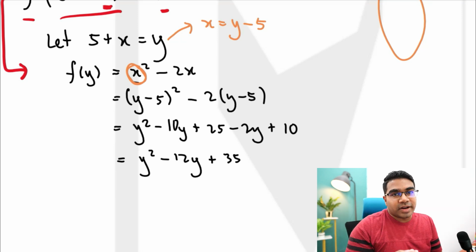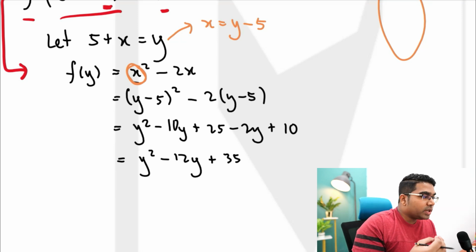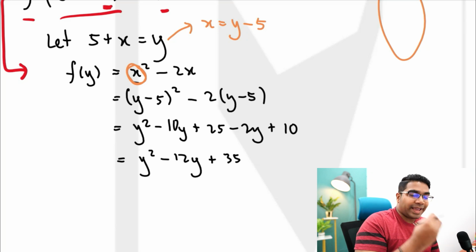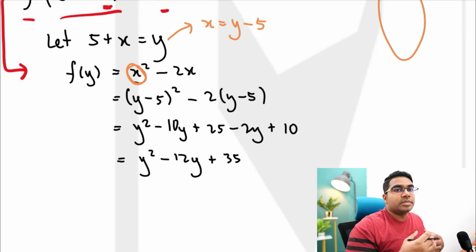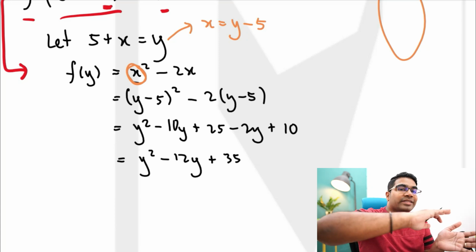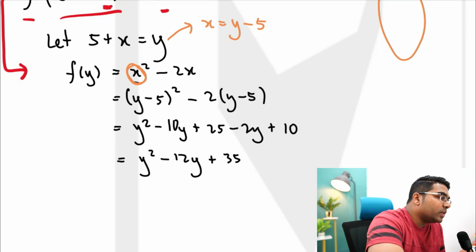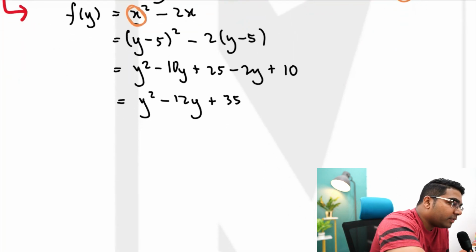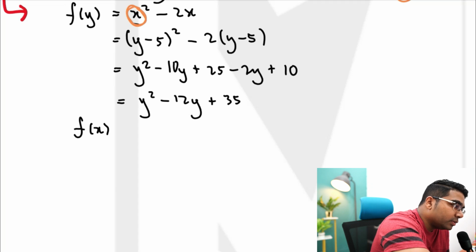When we define functions, we usually describe the object as x, not as y. And so when we are defining f as a separate function, we can say that the function f would map x to x squared minus 12x plus 35.